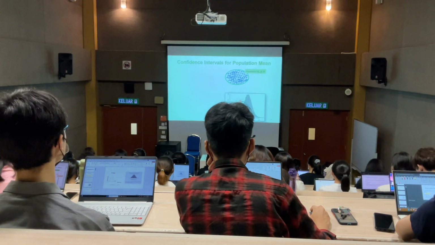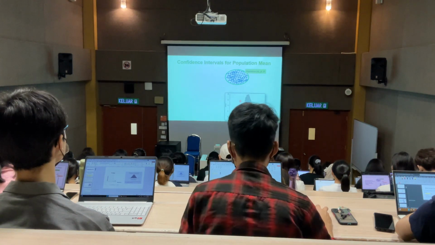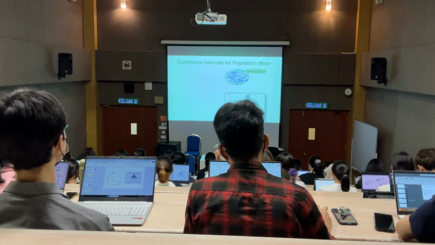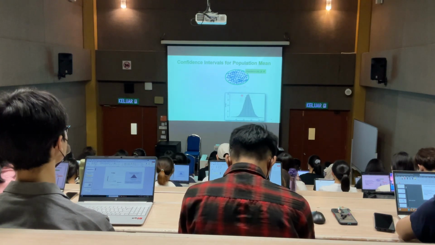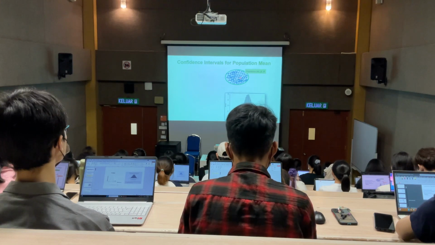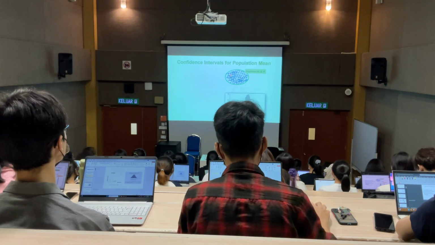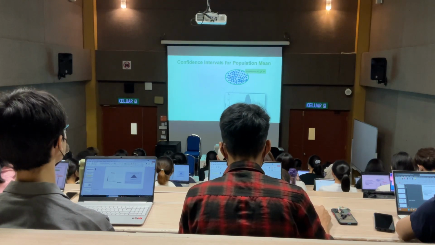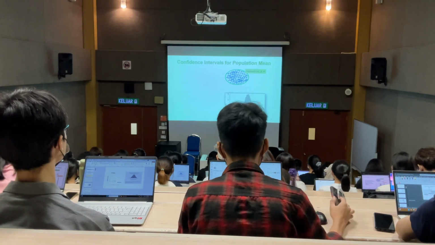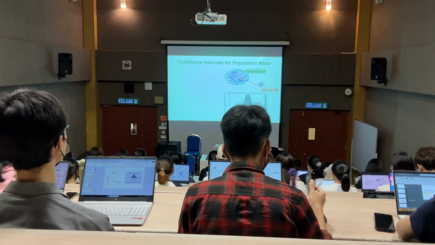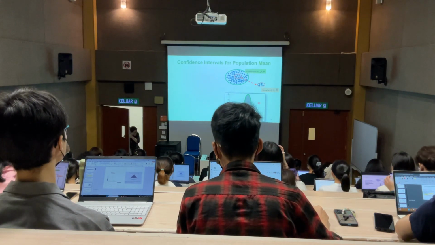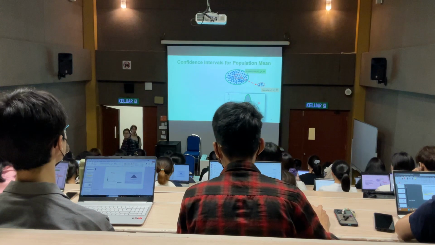This is another slide, a diagram showing you the use of the confidence interval. We can see that there is a population here, right? If you get the entire data set, the histogram looks like this. This is your population. The sample, the subset from a population, your histogram, your graph will look like this, right?